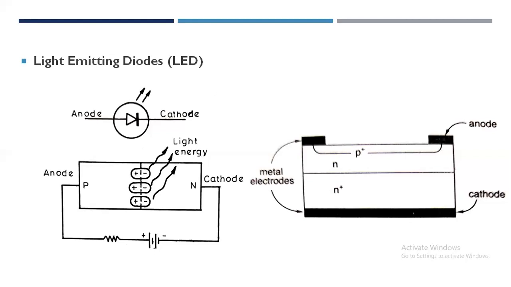The N positive layer in the LED shown is there to give a good electrical contact with the bottom electrode.